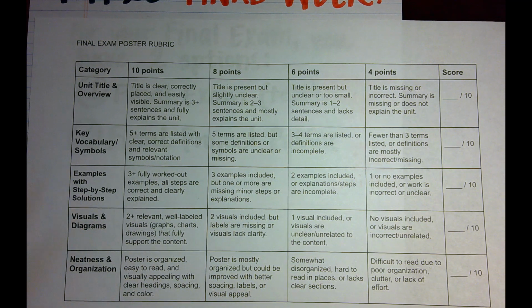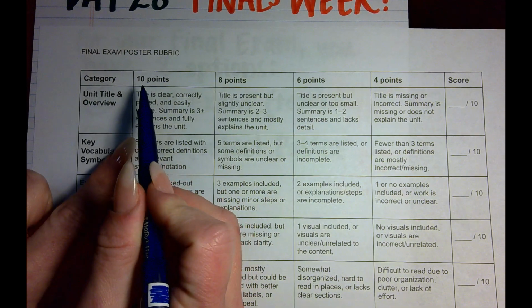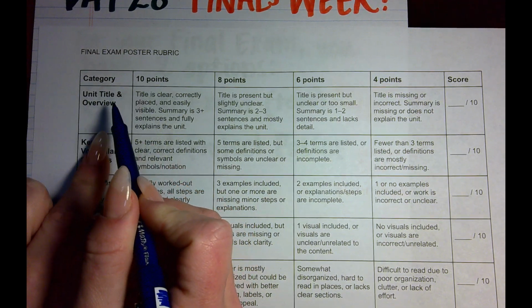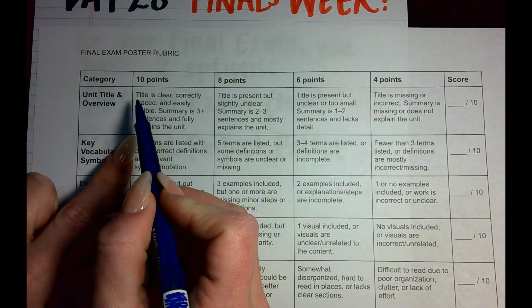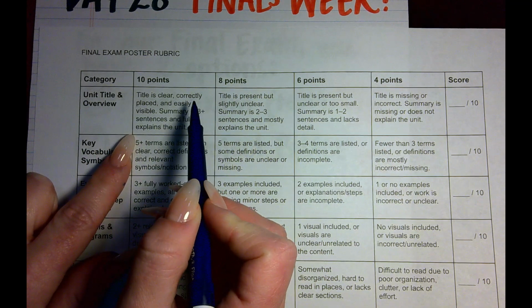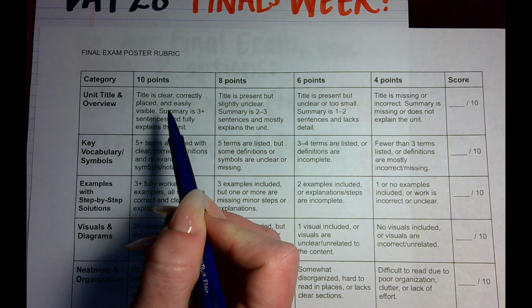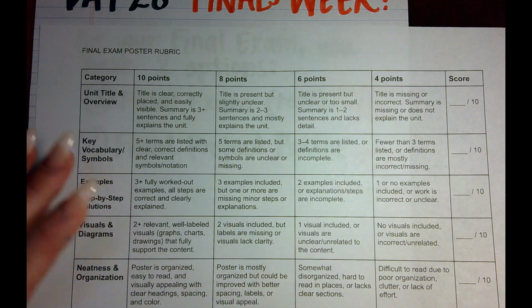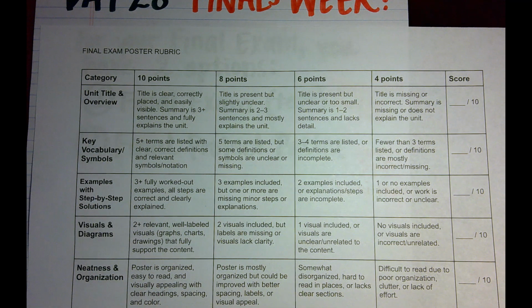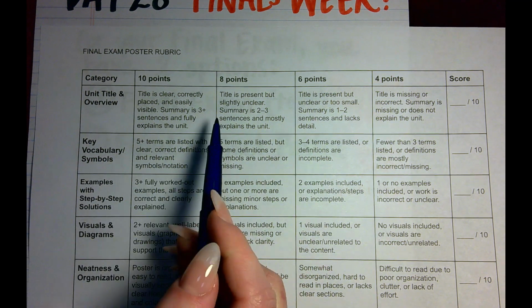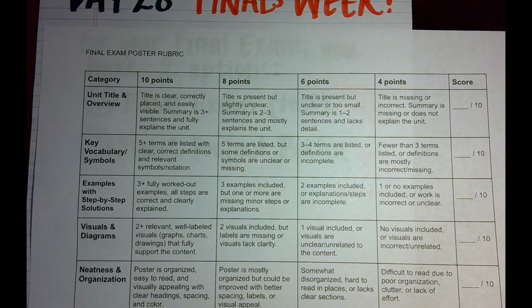You could talk about anything that you can think of that is a topic that we have covered. So you will earn a perfect 10 in this category if your poster has a clear title written at the top, it's easy to see, easy to read, and that you have described your topic using 3 sentences, and it's explaining all of the things about it.